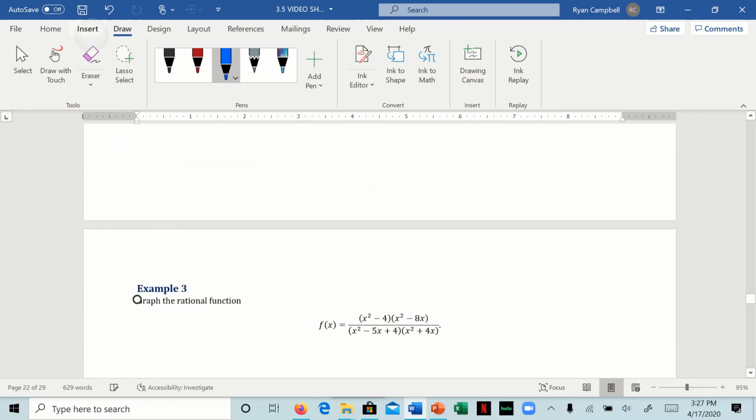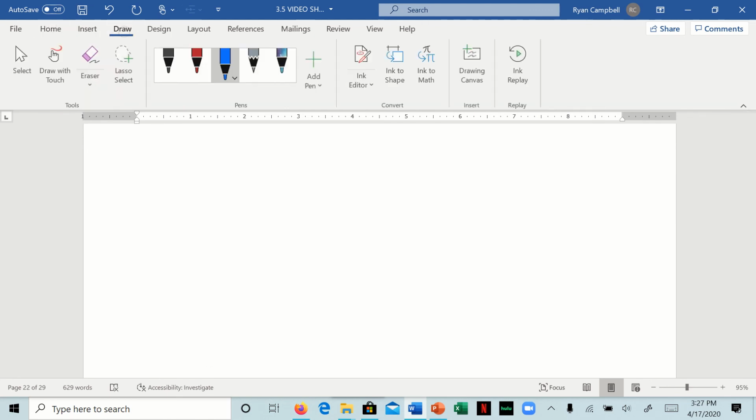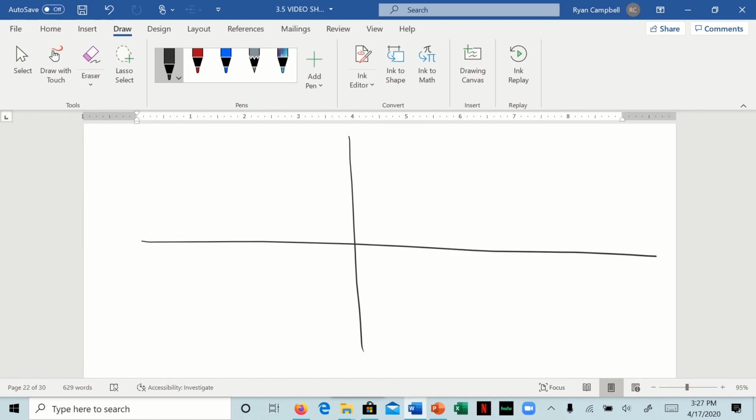So step 6, let's sketch it. All right, we said that we had vertical asymptotes at x equals -3 and -1.